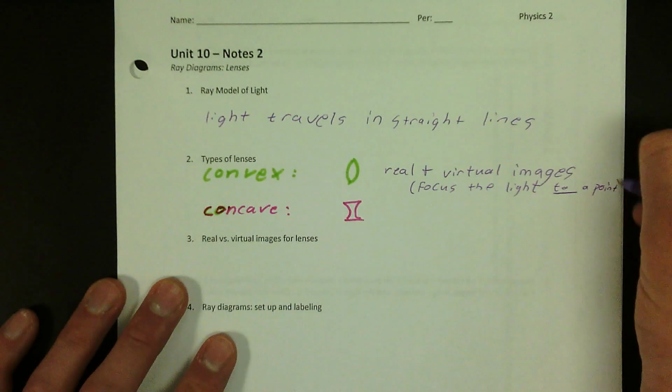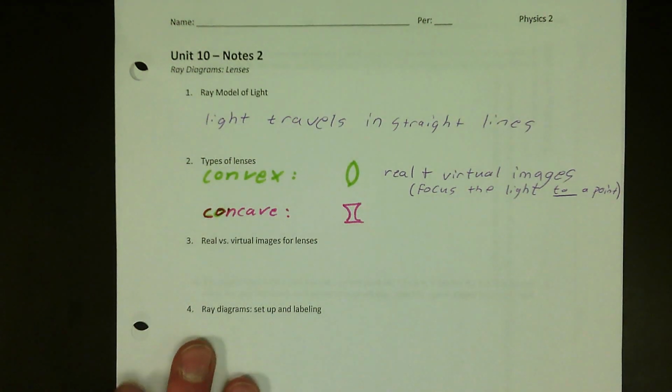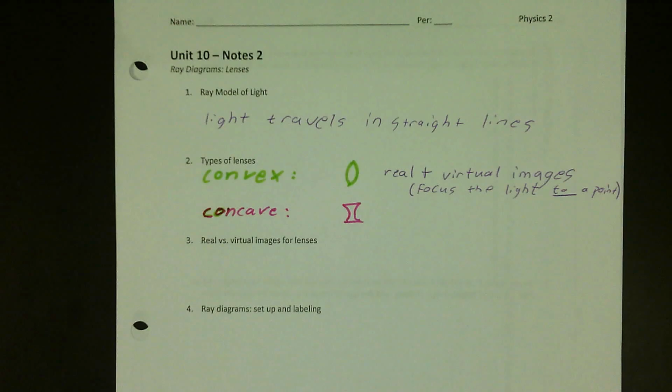That point, by the way, is called the focal point. That doesn't mean the light forms there. It just means that's where the light is focused to. It's trying to get to the focal point. So it focuses the light to the focal point.